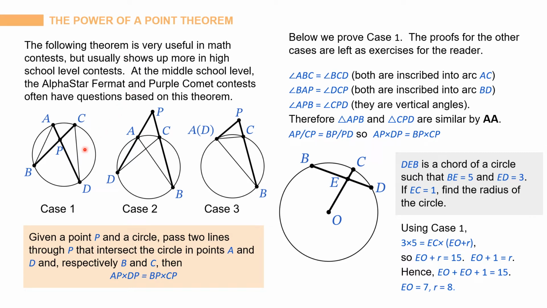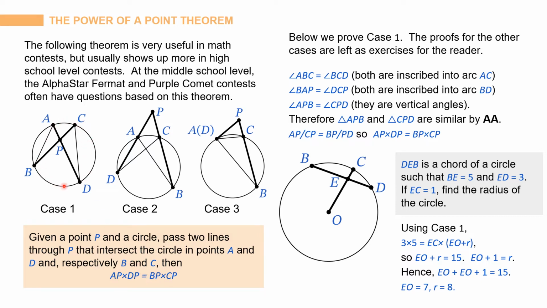There are 3 cases to consider, case 1, case 2, and case 3, but in each case, given a point P and a circle, pass 2 lines through P that intersect the circle in points A and D and B and C respectively. Then distance AP times distance DP is equal to distance BP times distance CP.